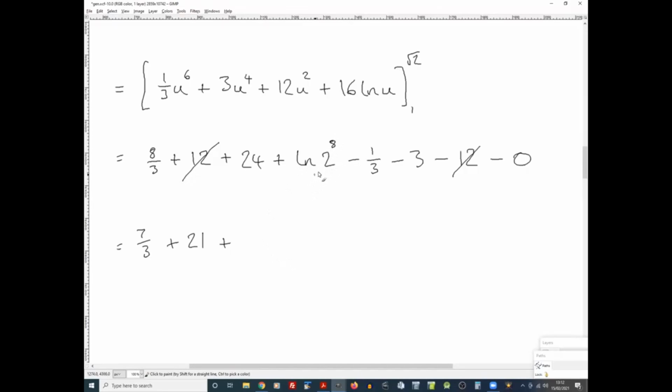I'm going to write 8 log 2. That just looks nicer than log of 256. So that's 63 thirds plus another 7 makes 70 thirds plus 8 log 2. We hope.